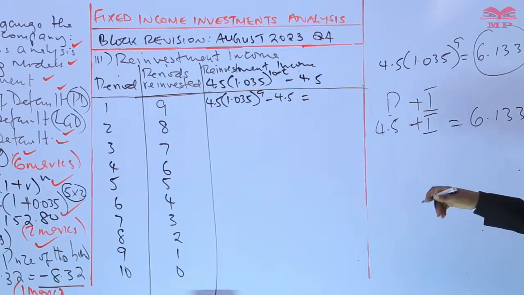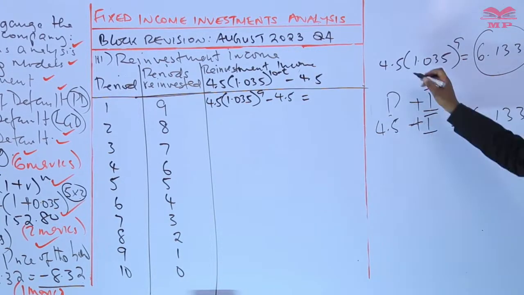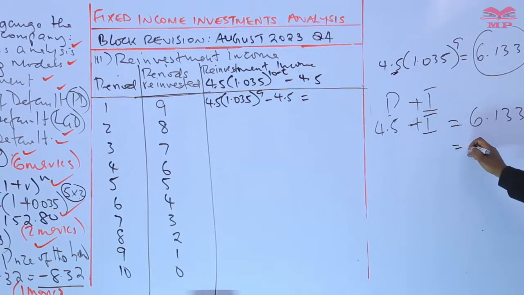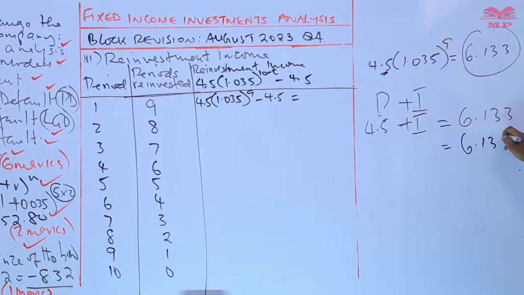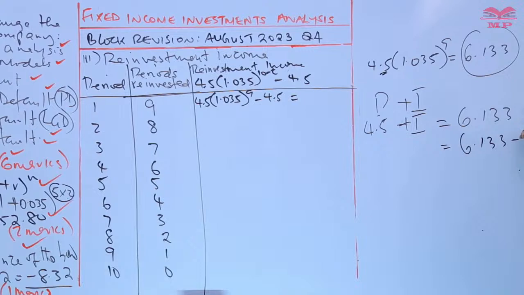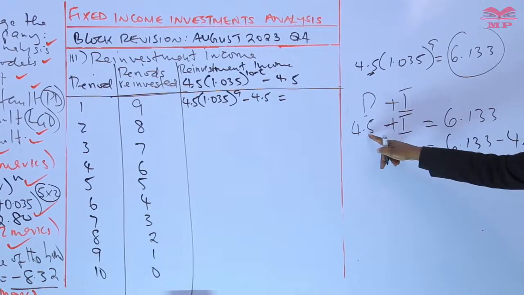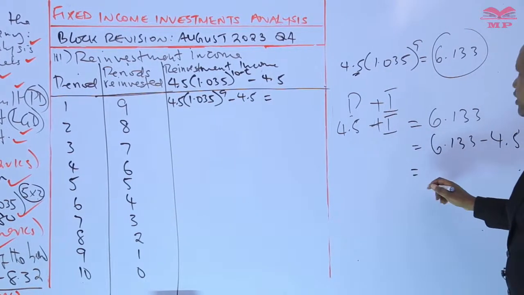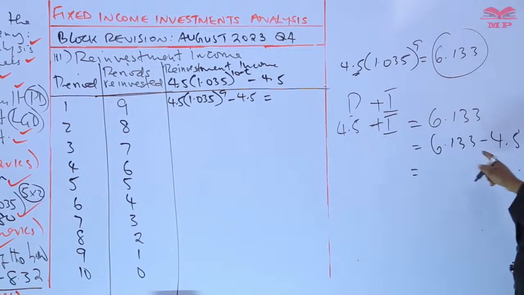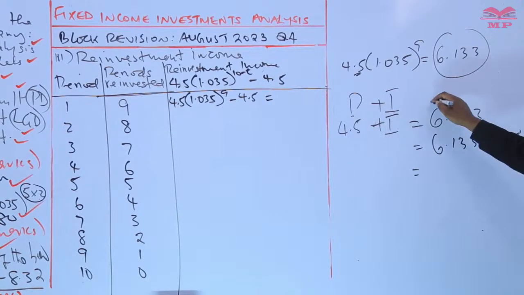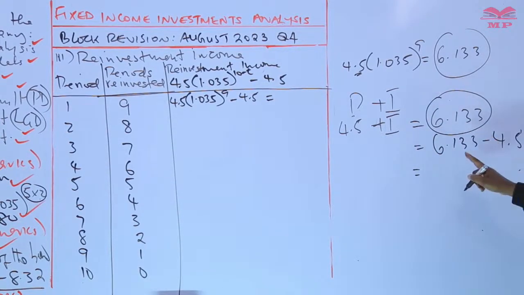And therefore, the interest that is earned on this 4.5 will be equal to this 6.133 minus 4.5 minus this 4.5. That's why we are deducting this 4.5 from this total of the principal and the interest.